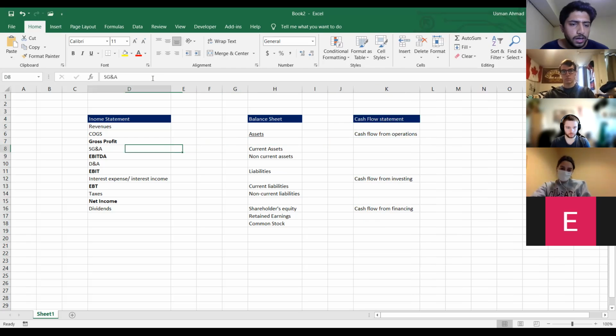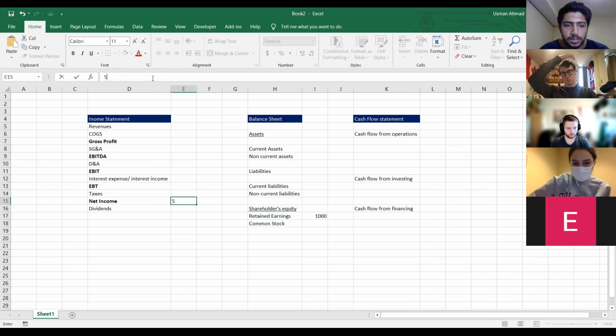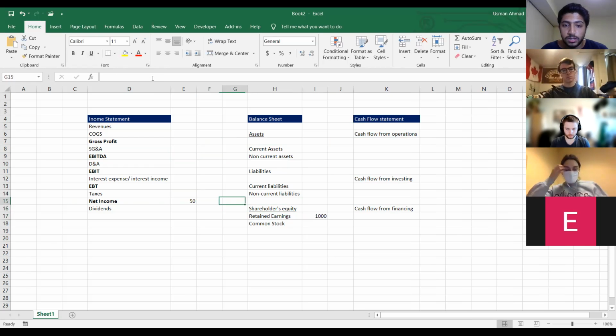Okay. So the first thing that we'll be looking at is the linkages between the income statement and the balance sheet. So this is the net income, which is the bottom line on the income statement. That flows into the shareholders' equity account, in the retained earnings here. So maybe the retained earnings from last year was $1,000, and then this year we generated $50 more.